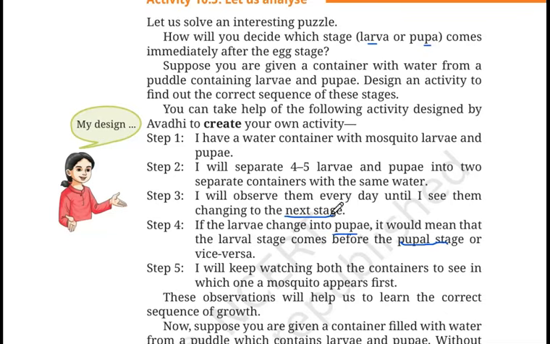Or if the pupa changes into the larva first, then you know that after pupa comes the larval stage. I will keep watching both containers to see in which one a mosquito appears first. Then you can conclude the sequence of the stages.